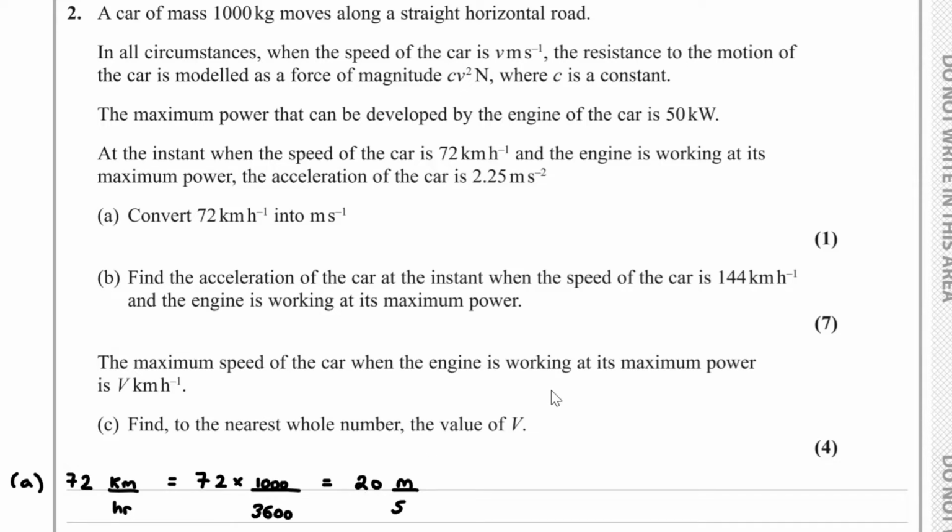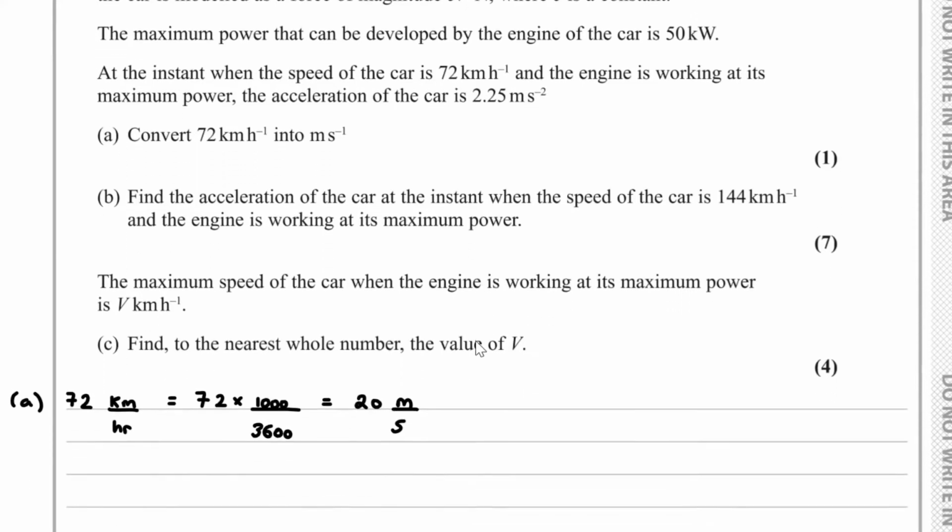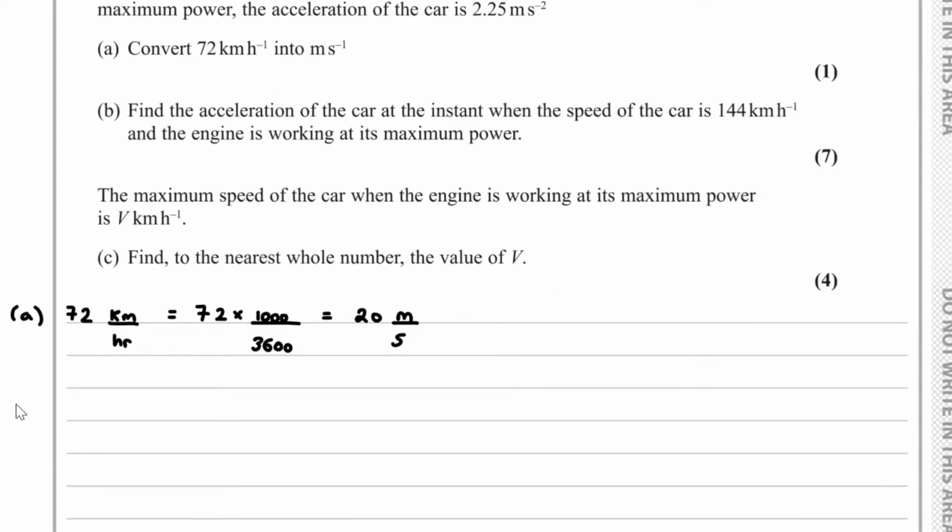For part B of the question, we have to find the acceleration of the car at the instant when the speed of the car is 144 kilometers per hour and the engine is working at its maximum power. Well, to do this, I think it will be a good idea to first of all convert the 144 kilometers per hour into meters per second.